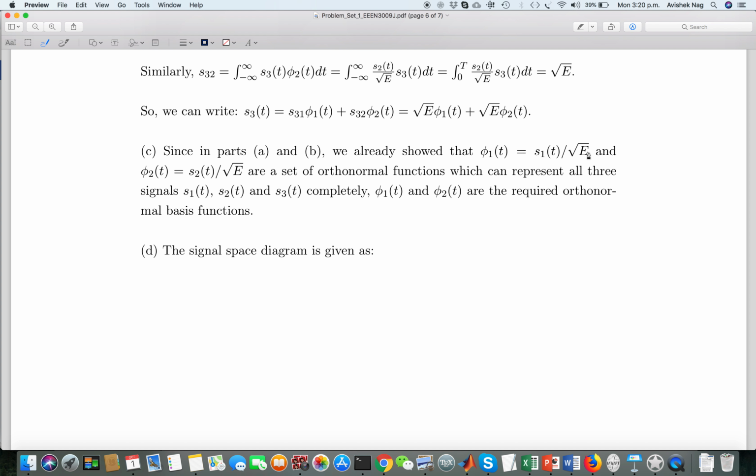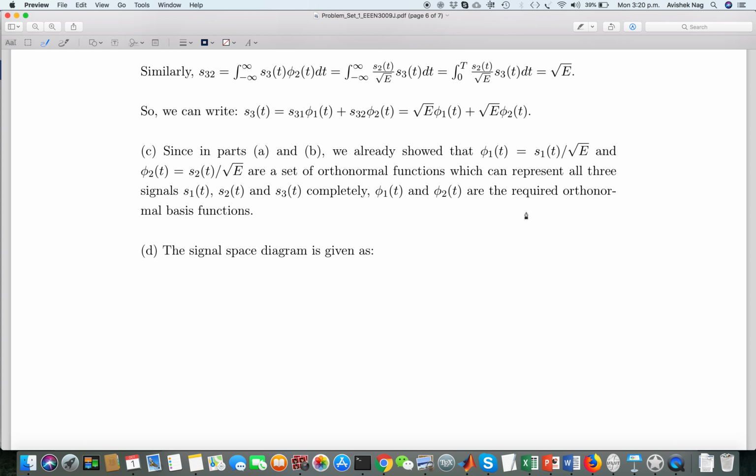Phi 1 represents S1(t) because phi 1 is equal to S1(t) divided by this quantity. Phi 2 in a similar way can represent S2(t), and S3(t) can be represented with phi 1 and phi 2 as well, as you showed in part B. So you can represent all three signals in terms of phi 1(t) and phi 2(t).